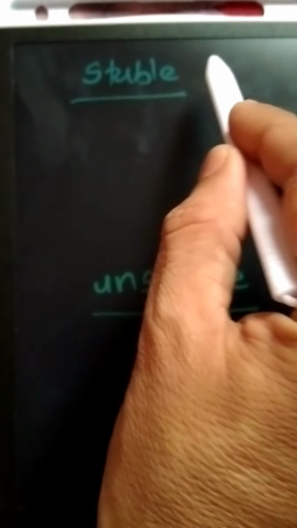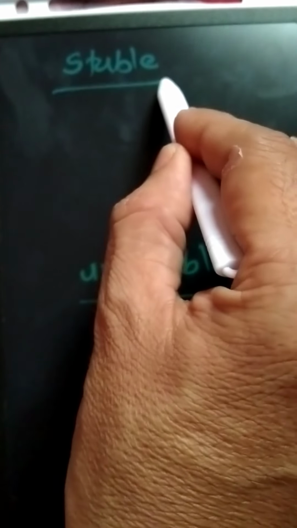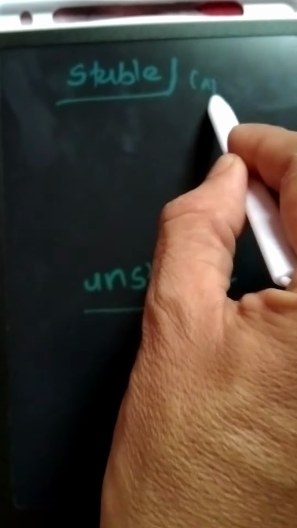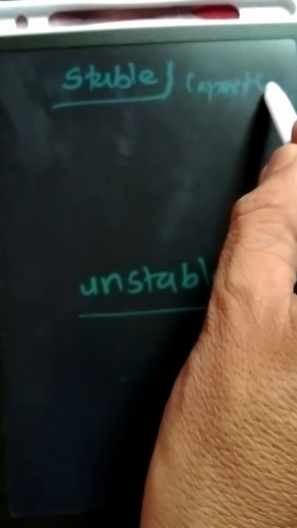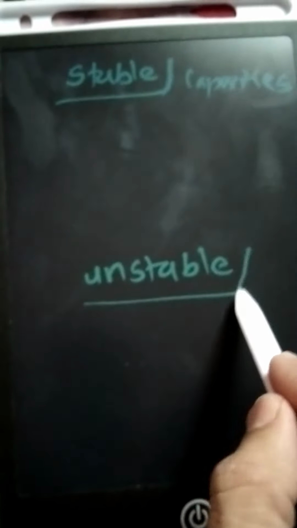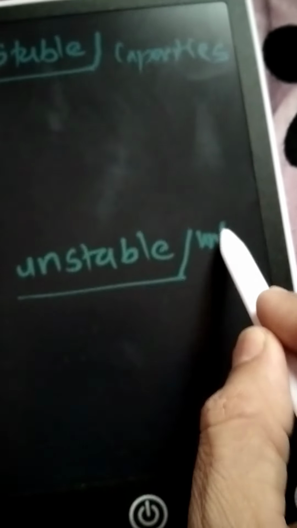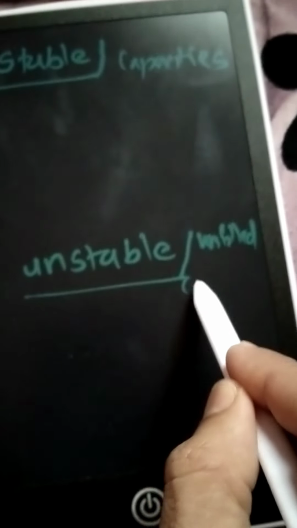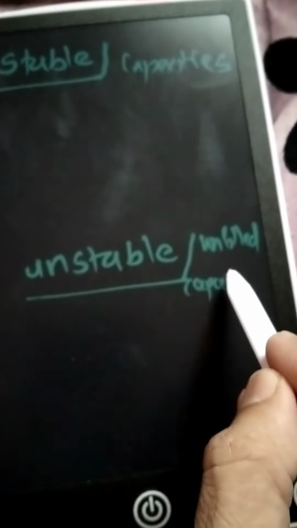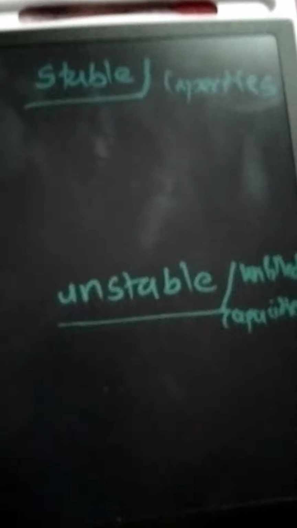Stable configurations are generally those with the orbitals filled to their capacities. Unstable configurations are those with unfilled capacities of the atomic orbitals.